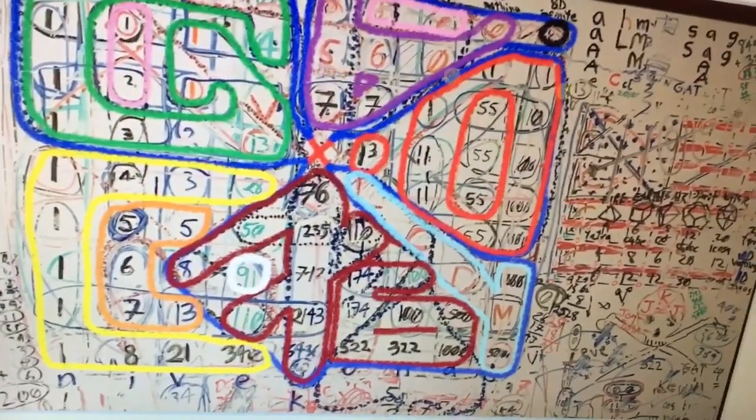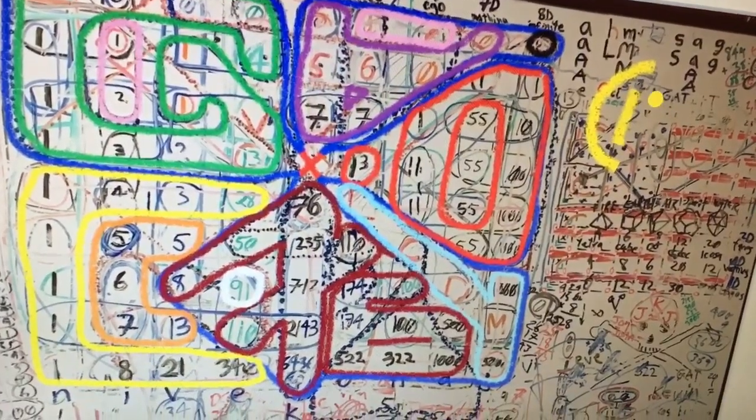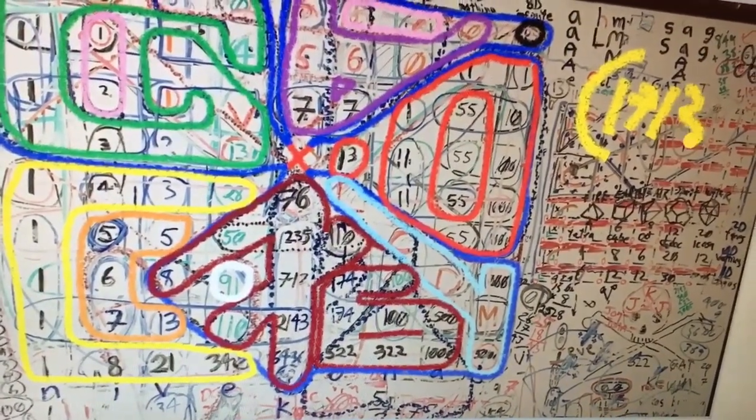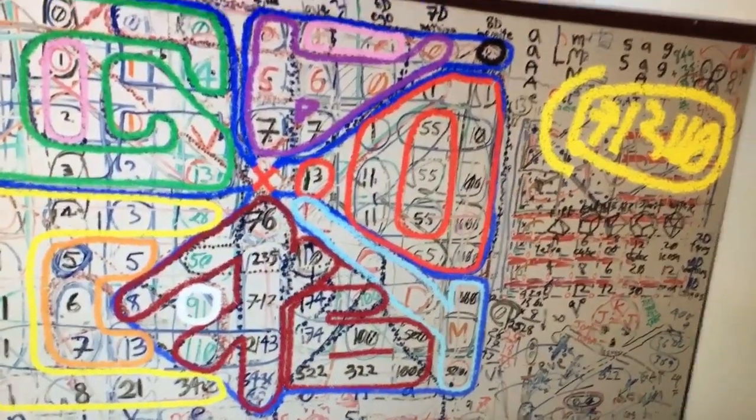Here's your yellow C, okay? You're going to have a yellow bracket for 1 of 7 of 13 of 110. But that 1 is going to be a circled 7, 13, 110.